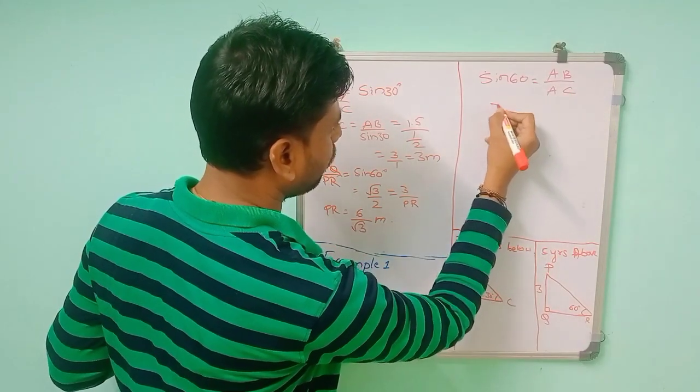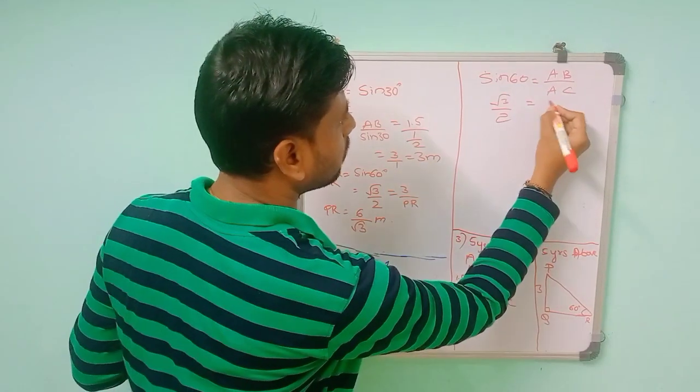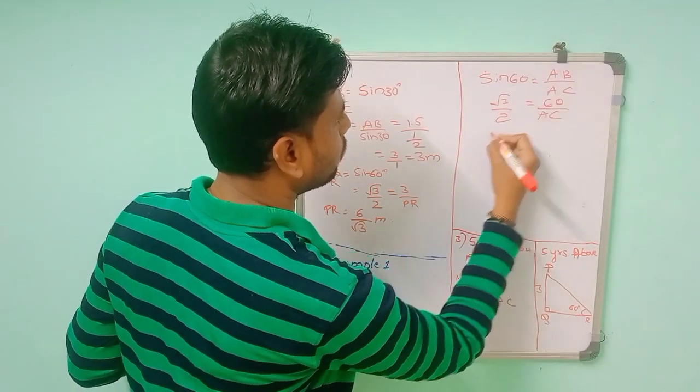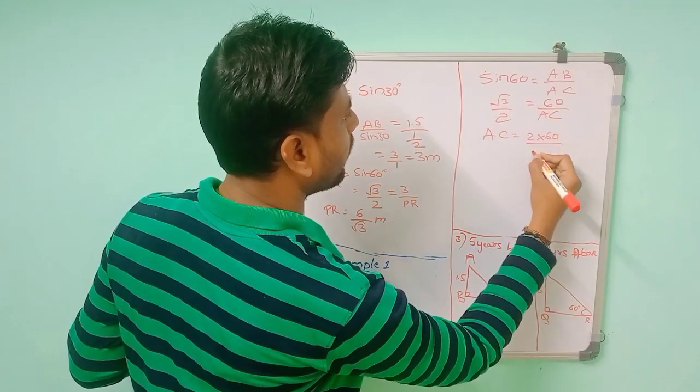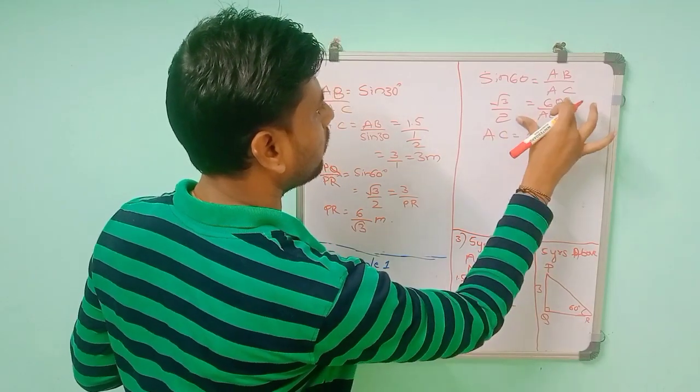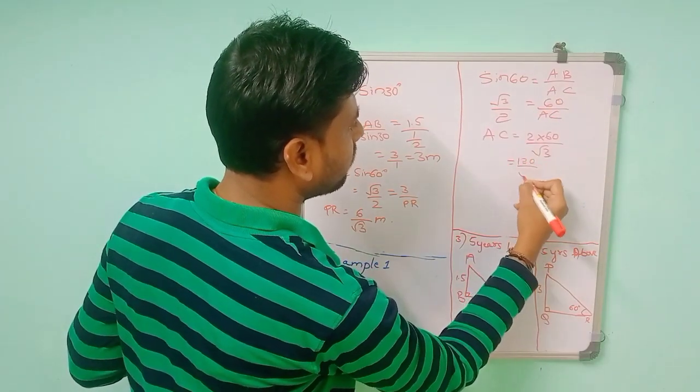So sin 60 is root 3 by 2. That equals AB, which is 60 meter, divided by AC. So AC is equal to 2 into 60 divided by root 3. This goes this side and AC this side, root 3 this side. So 120 by root 3.